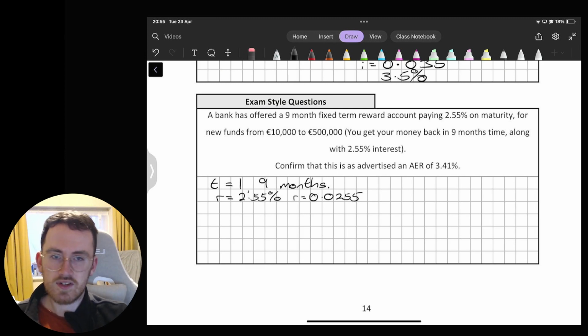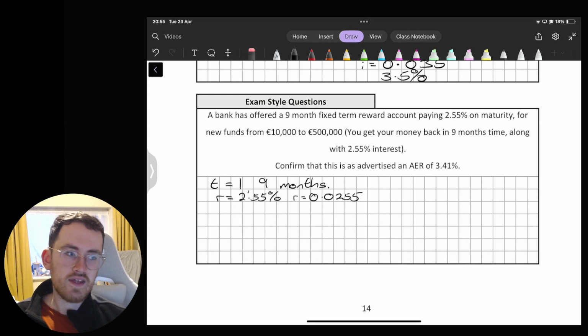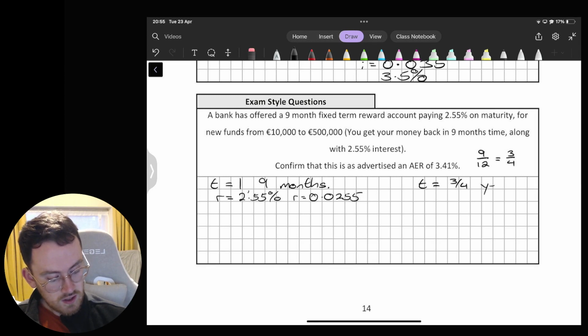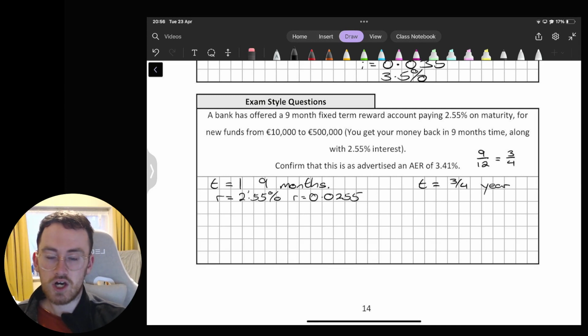Or alternatively, we can go at it from the yearly side and adjust our yearly length of time instead. So say we go with our year. Instead of having 1 year, have only got 9 months out of my 12 months, which is going to be 3/4 of a year. So we could go with that. 3/4 of a year matches up with my 1 full block of 9 months.